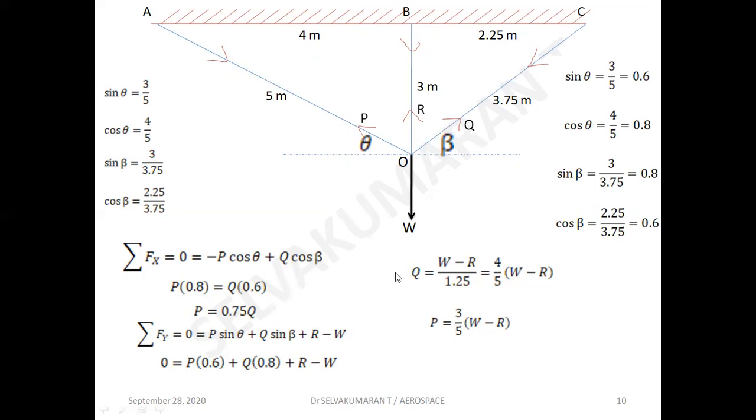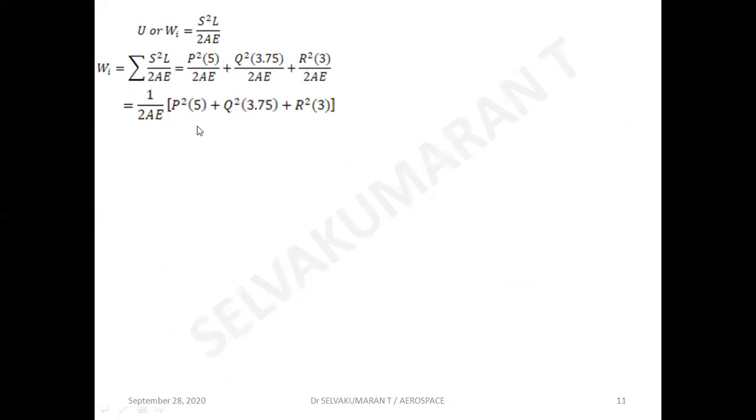Strain energy stored due to axial loading is S square L by 2AE. P is the force with its corresponding length, Q is the force with its corresponding length, R is the force in that member with corresponding length 3 meter. AE is the same, so I have taken it outside. So P square, Q square, R square.